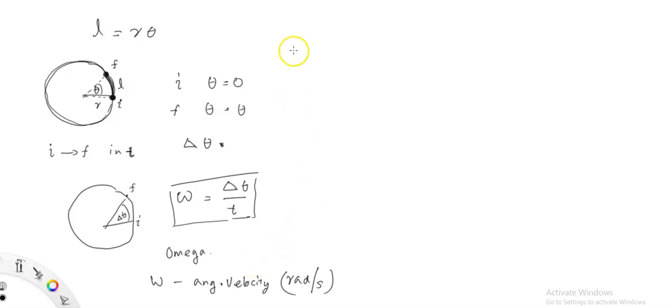Okay, all right. So let's go back to our equation. We have L equals R theta. When this dot is moving from the starting point to the next point, the length is changing.